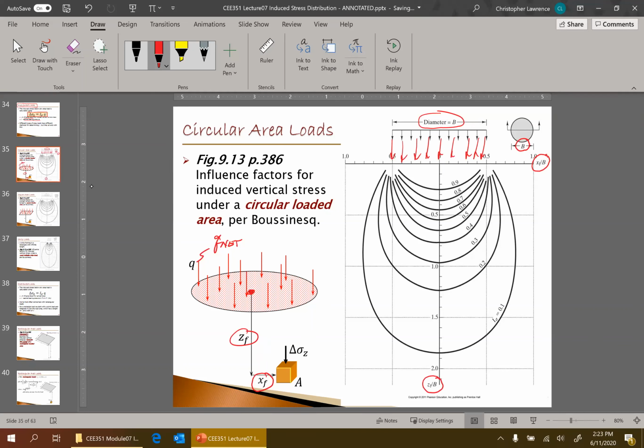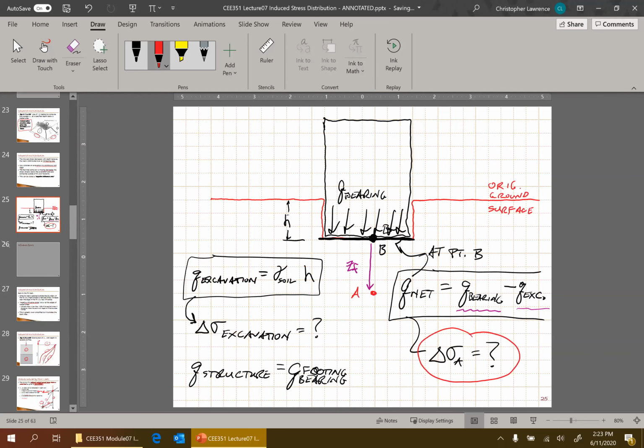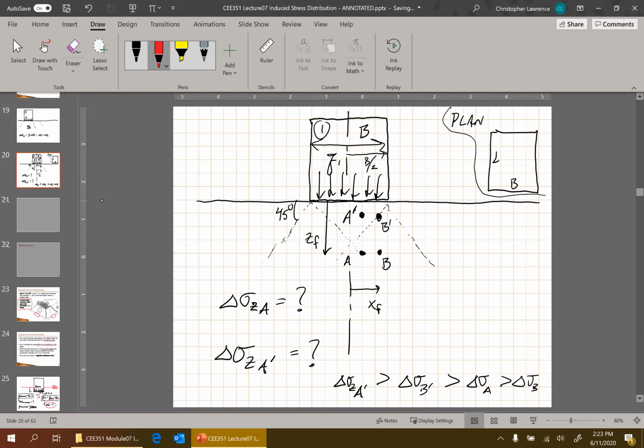So what this is telling me is something we saw earlier: how wide is a wide load? Depends on how deep you're talking. Let me go back just for a second. Actually, it was this one here. For point A prime, that is a very wide load.